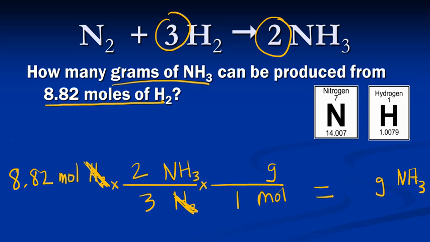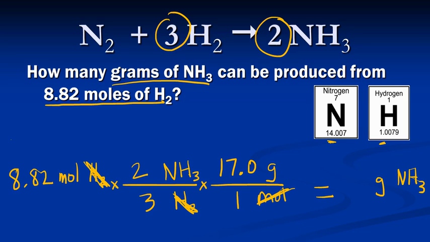So can you determine how many grams are in a mole of NH3? Well, every N is 14, and we have 1 of those. Every hydrogen is about 1, and we have 3 of those. So 14 plus 1 plus 1 plus 1 would be about 17 grams, 17.0 grams.